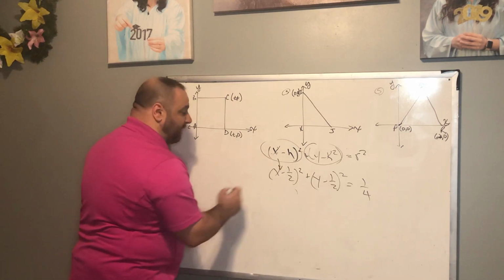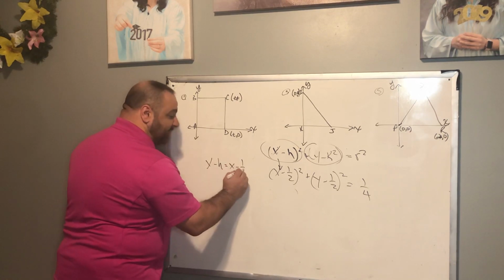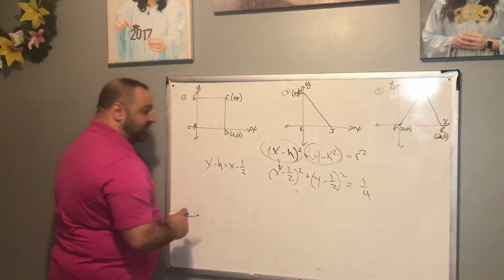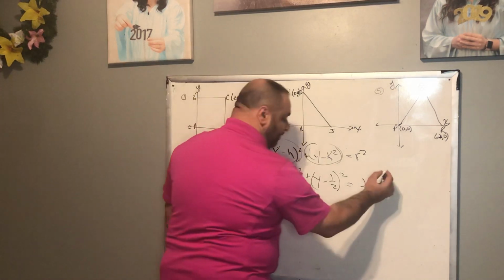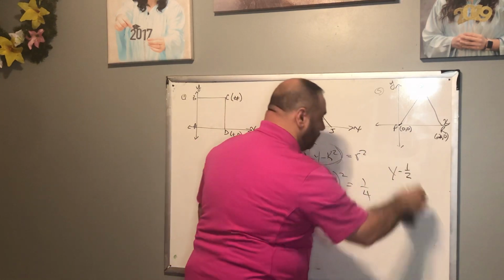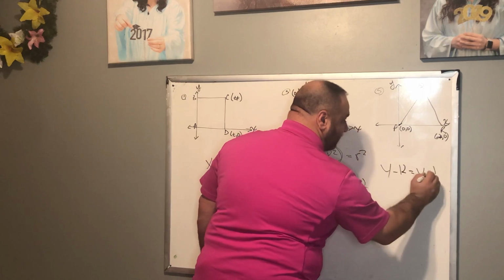So x minus h equals x minus 1/2. And for y, we do the same thing: y minus k equals y minus 1/2.